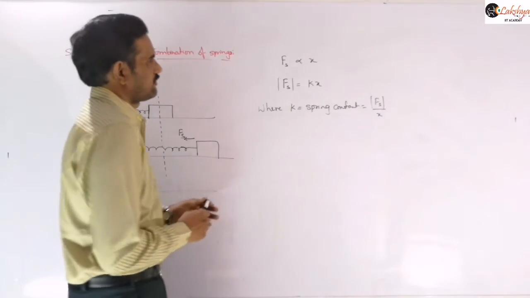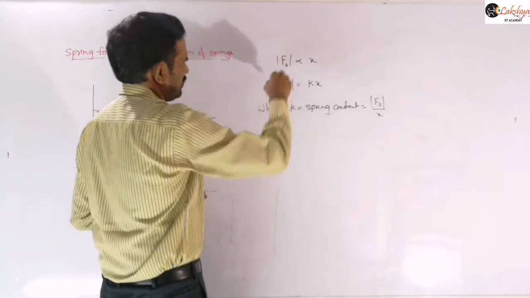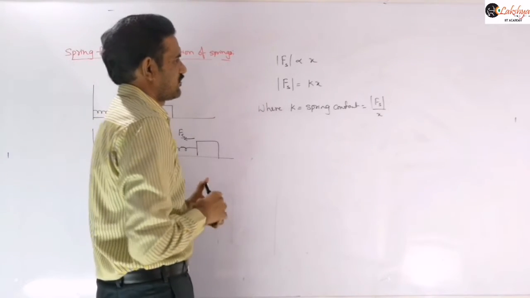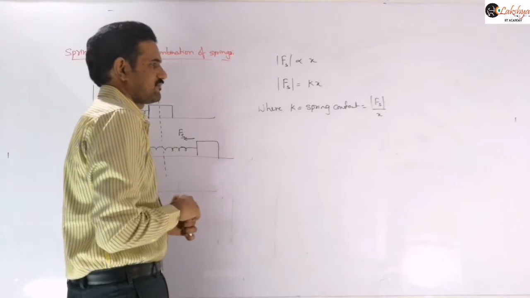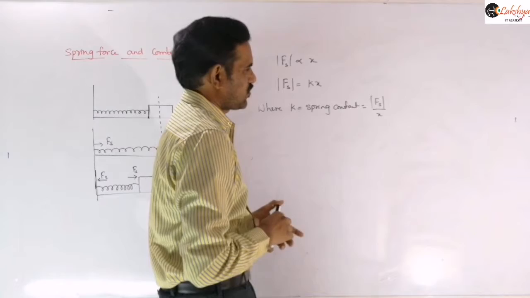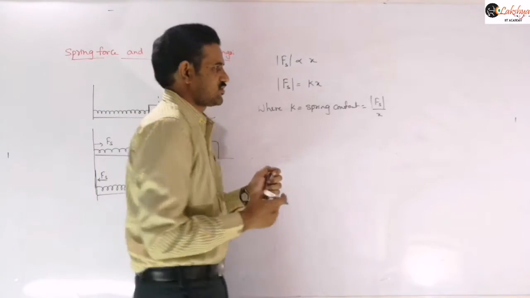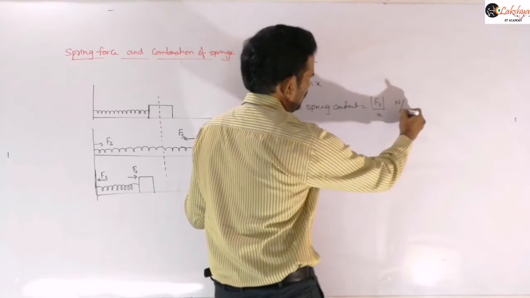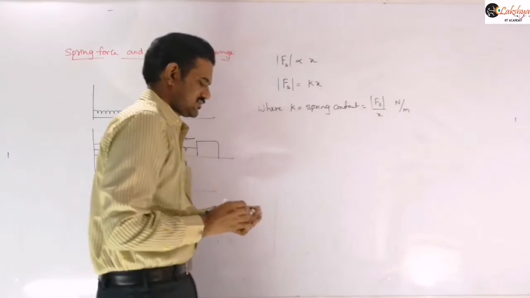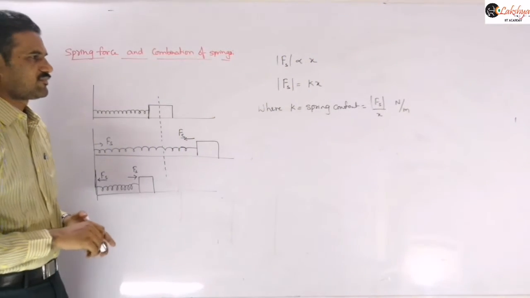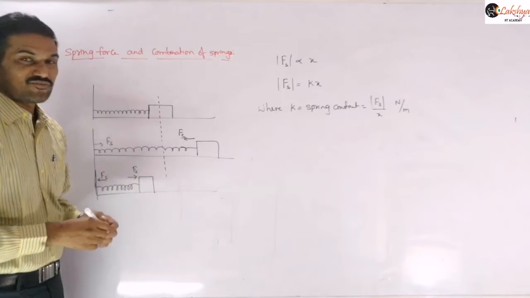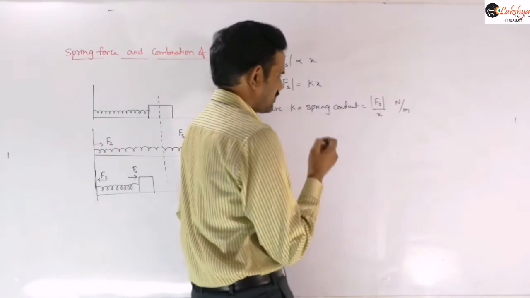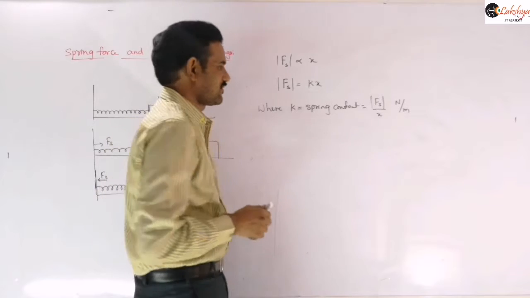You may write here: mod Fs is proportional to x, or mod Fs is equal to Kx, where K is the spring constant or force constant. The unit is Newton per meter. That is the unit of the spring constant or force constant, and sometimes it is also called the stiffness constant, or simply the stiffness of the spring.